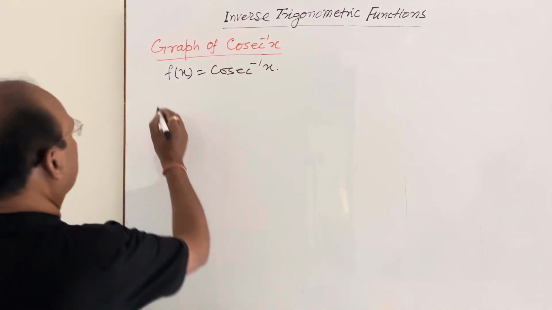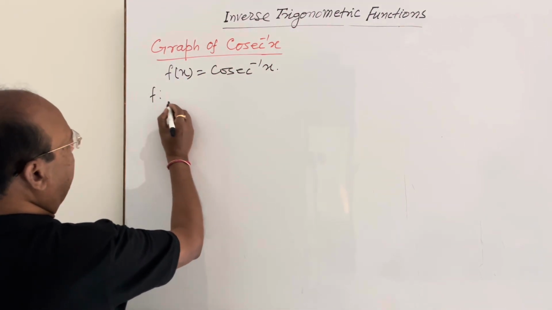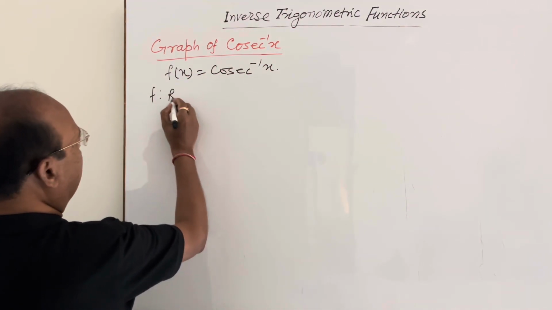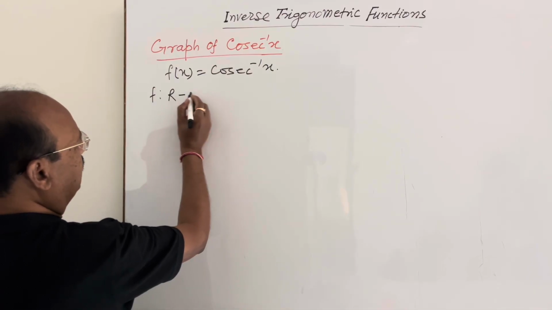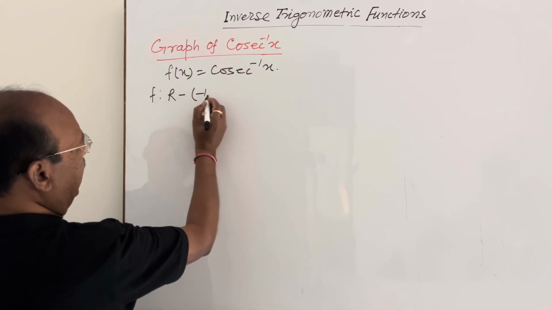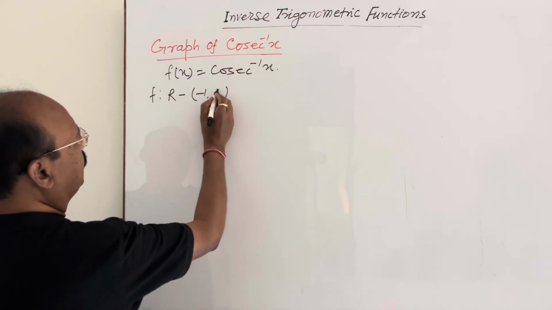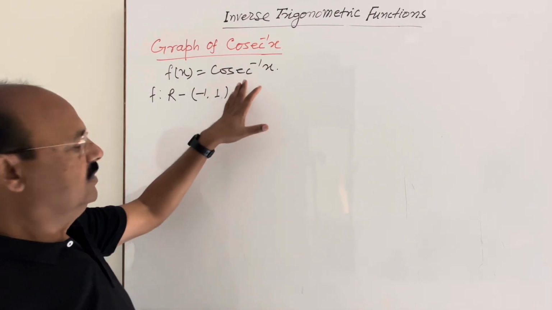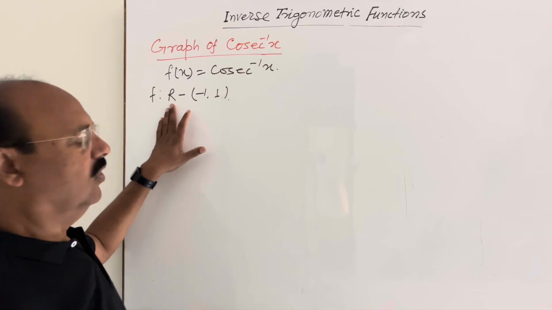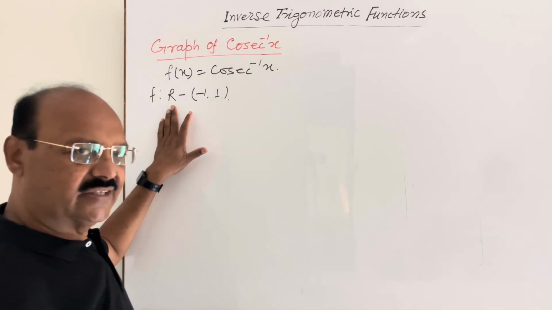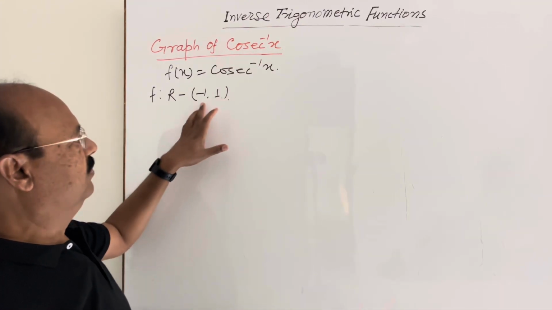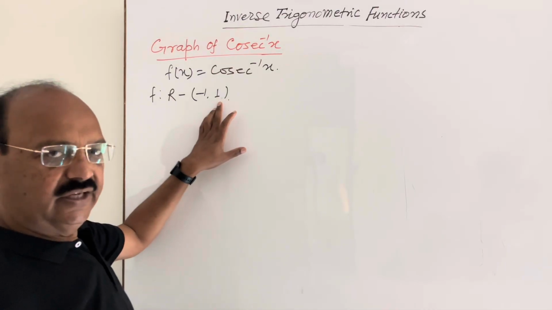This function has domain the entire set of real numbers minus the interval from minus 1 to 1. It means the domain will have all real values except the open interval minus 1 to 1, correct?